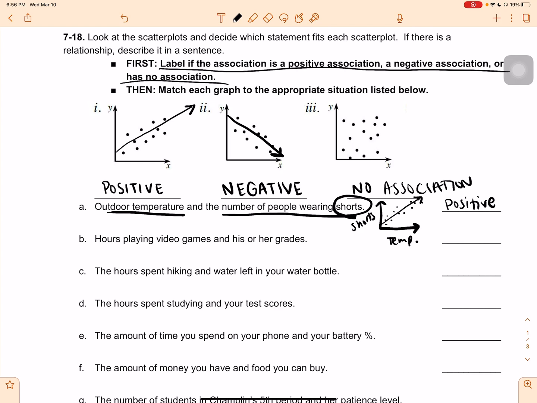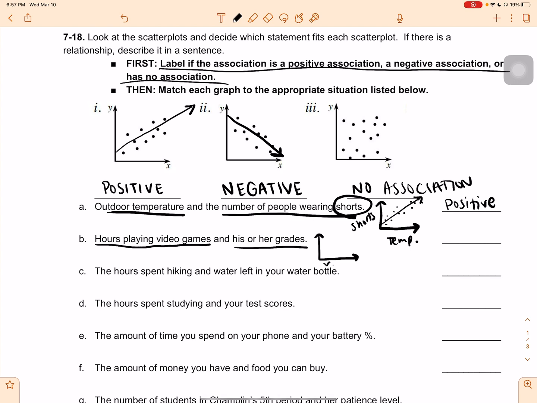So this is a positive association. Okay. So now we have the scenario where we're talking about two quantities, the hours playing video games and his or her grades. So basically, how many hours you play video games and how well your grades are. The more time you spend on video games, the less time you spend on homework and on studying for tests. So let's think about this in an XY grid here.